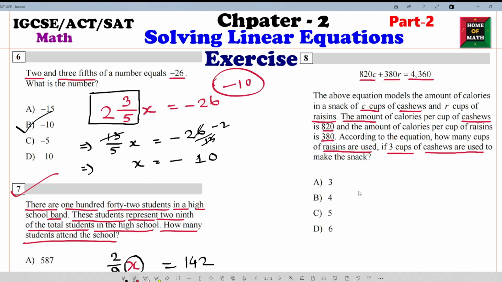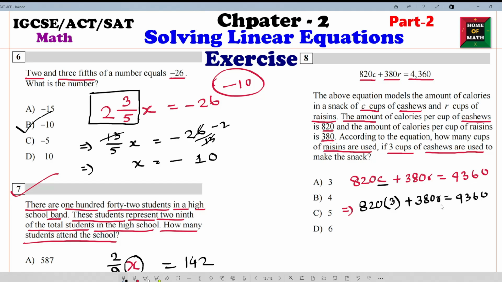make the snack? Look, here is 820c cashews plus 380r raisins equals 4360. So the question told us 3 cups of cashews are used, so we can write 820 and against this c we can write 3, and 380r and 4360. We have to find out the result of r.